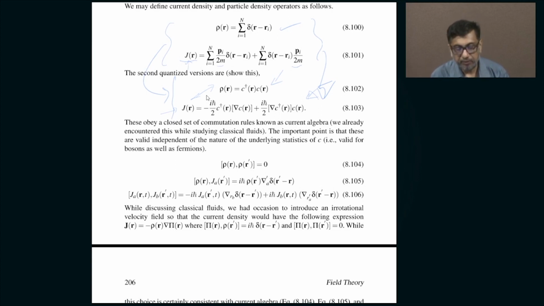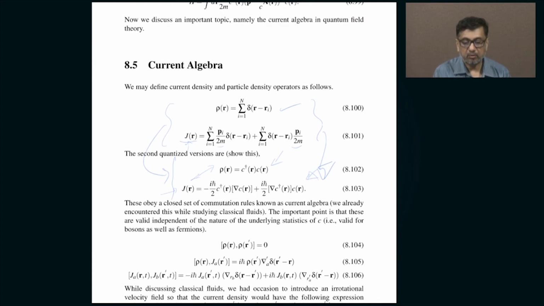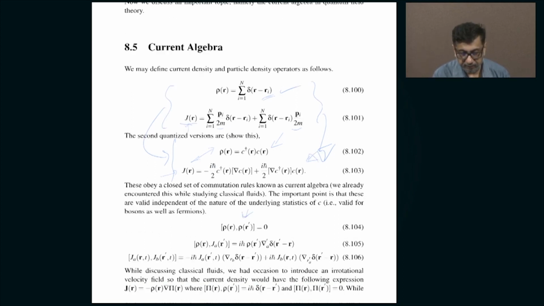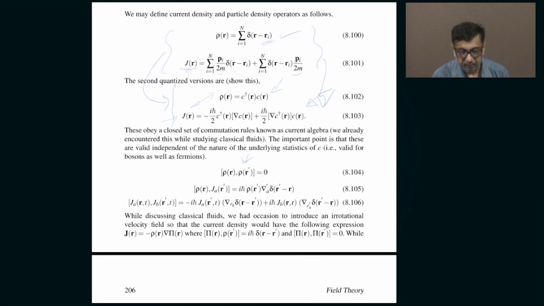So, first of all, the commutator of rho and rho at different positions is clearly 0, because rho only involves the positions of the particles, and we all know that the positions of all the particles commute. So, they commute amongst themselves, which is manifestly obvious, there is nothing surprising there.